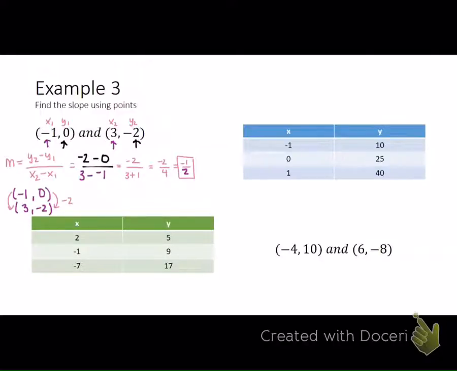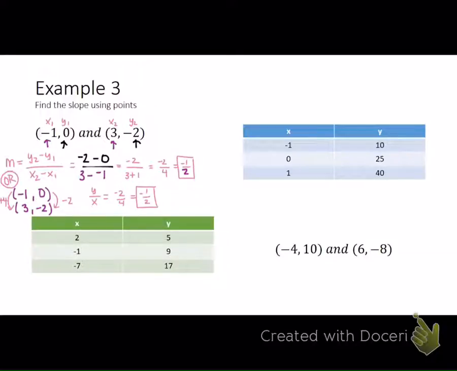From -1 to 3 is adding 4, right? Y over x. So that is -2 over 4. Does that still give you the same answer? Yep. So I do not care how you want to look at that. That might be easier for some of you guys that can't do minus and negative correctly.